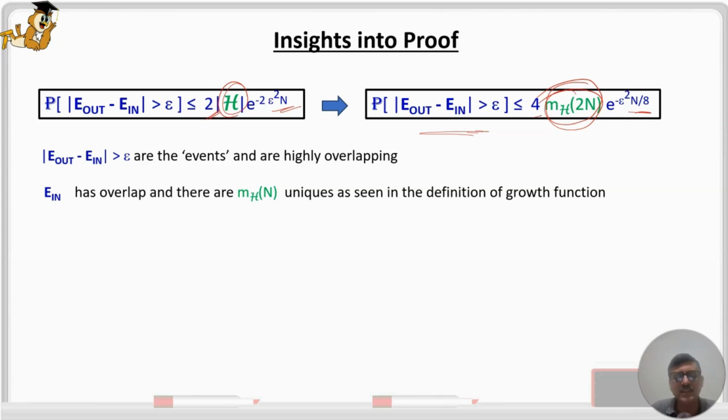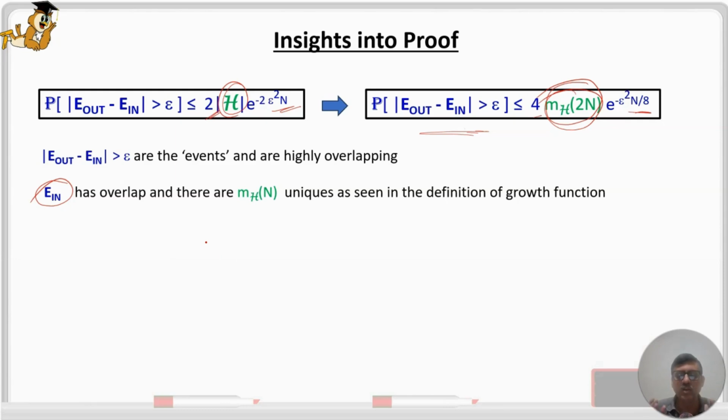Now, E in we know has a high overlap, and there are m_H of n unique ones for n points, as seen in the definition of the growth function. We saw the growth function in an earlier lecture, and it has to do with the specific n points that have been given to us. Since E in deals with those specific n points, E in has overlap amongst different hypotheses of the hypothesis set.